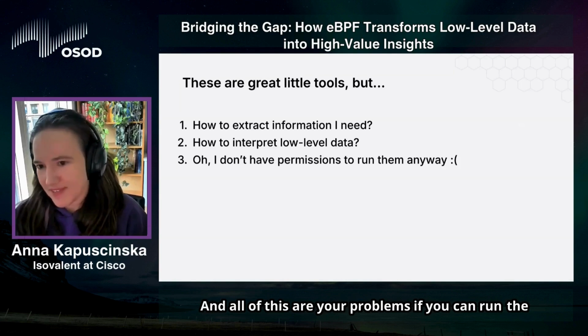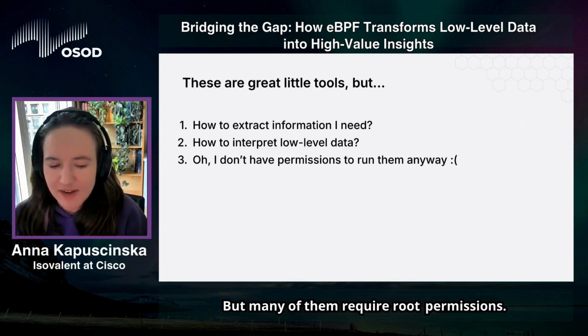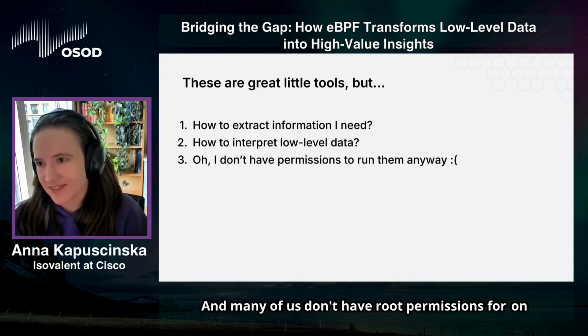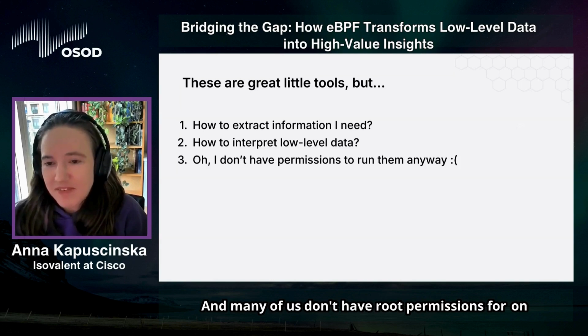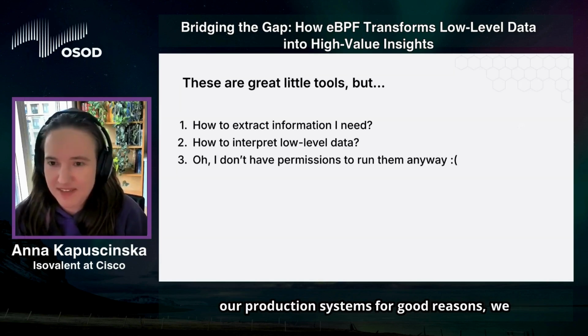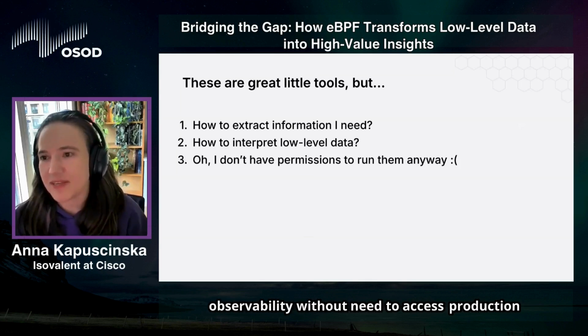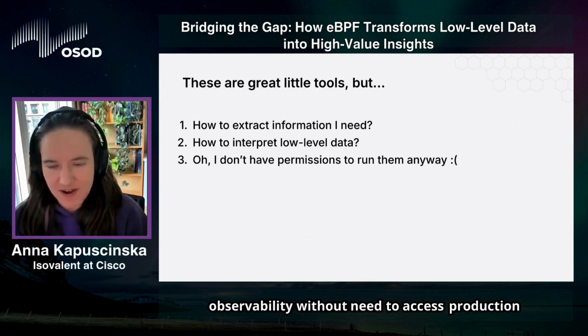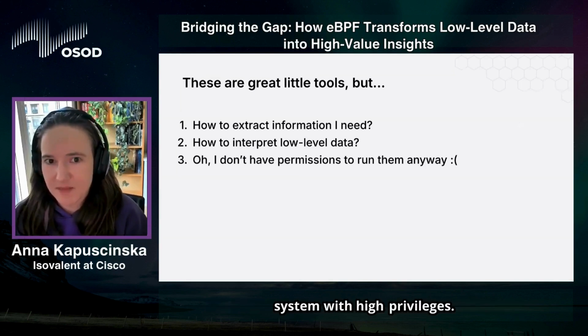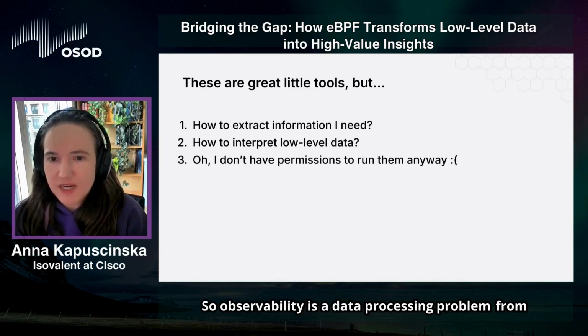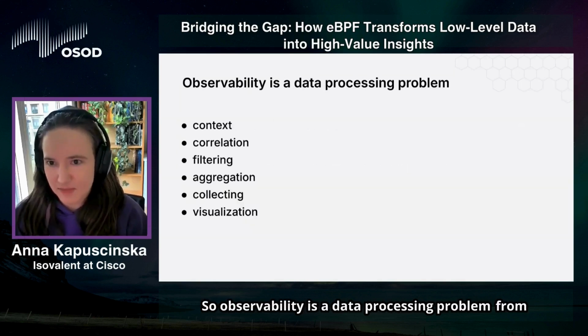And all of these are your problems if you can run the tools, but many of them require root permissions, and many of us don't have root permissions on our production systems, for good reasons. We expect observability tools to provide us observability without the need to access production systems with high privileges. So observability is a data processing problem.